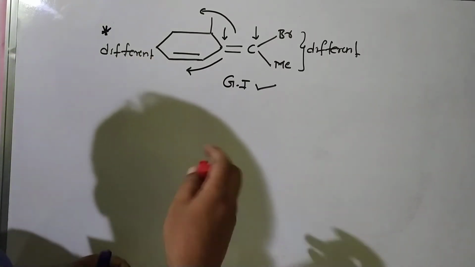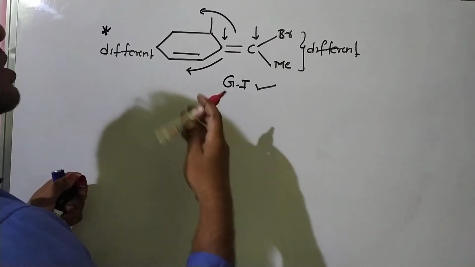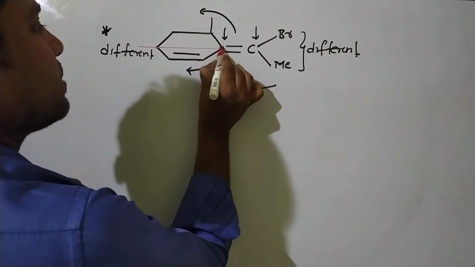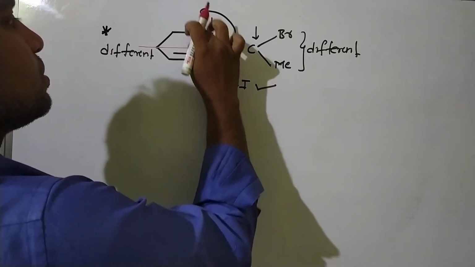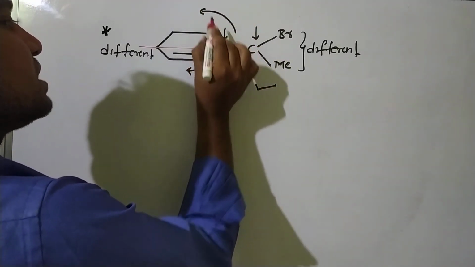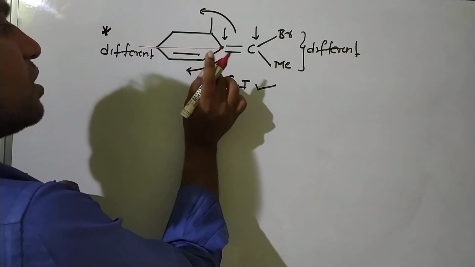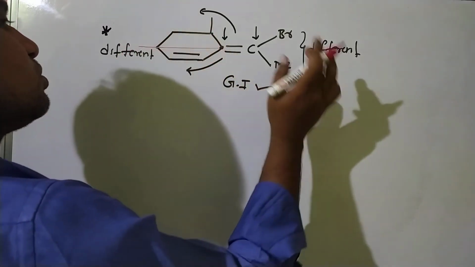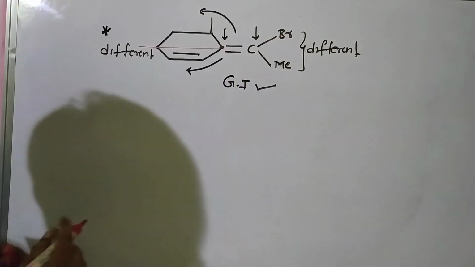Why? Because when we cut this molecule with respect to this double bond carbon, this side is CH3, this side is CH double bond. So different grouping is there, so definitely it will show geometrical isomerism.